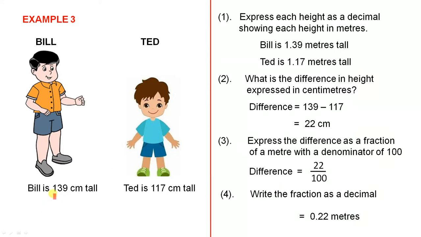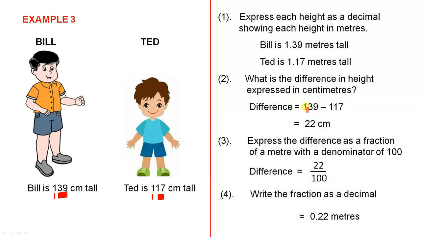So each of them is over 1 meter in height because that's 139. See, that's 100 there, and that's the 100 there. So we know each of them is over 1 meter tall, and there are the centimeters there, 39 and 17. So 1.39, 1.17.